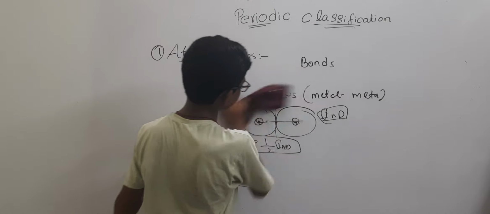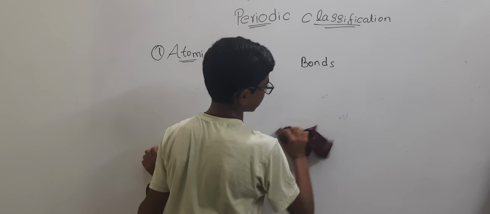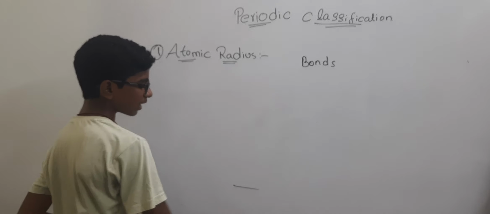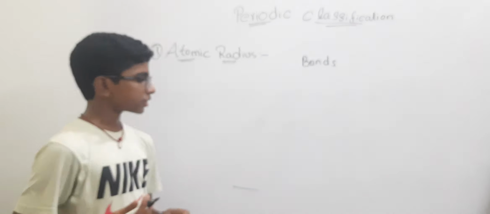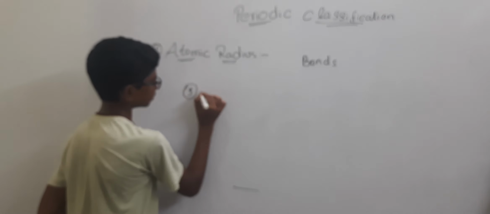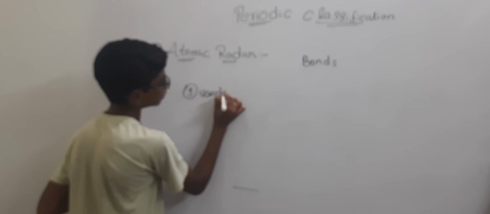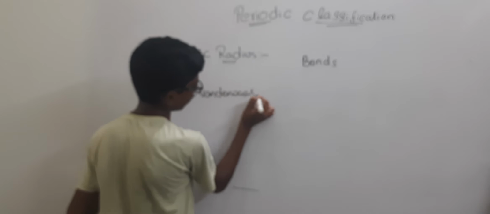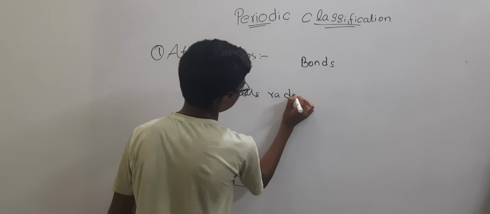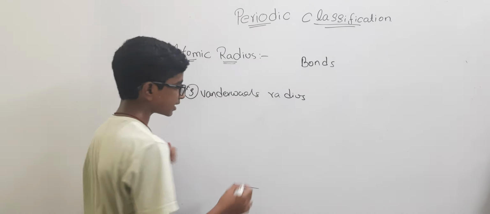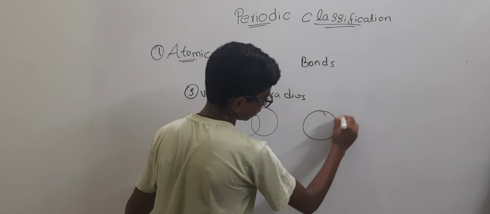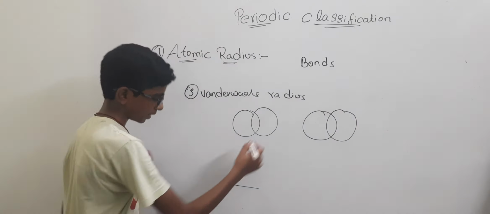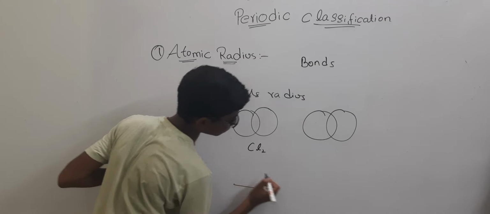Next we discuss van der Waals radius. This van der Waals radius is mainly applicable for molecules. Van der Waals radius means this is one molecule and this is another molecule. This is a Cl2 molecule.